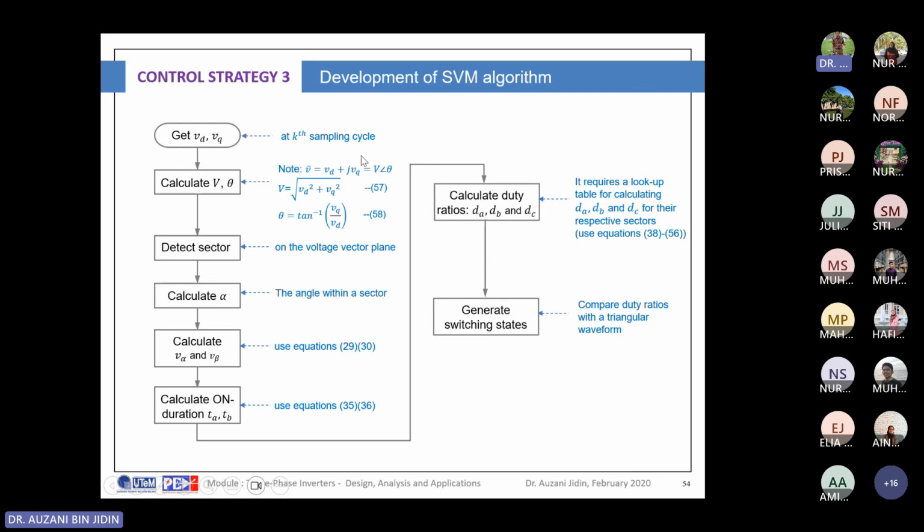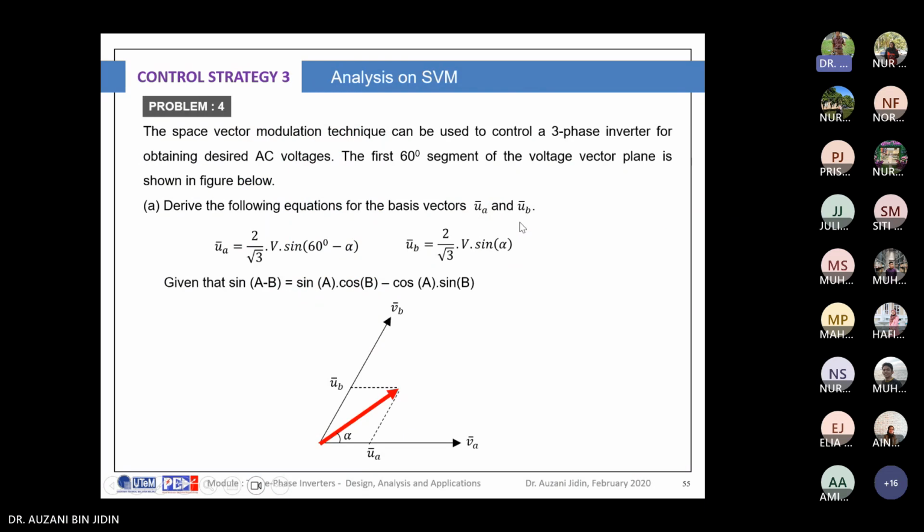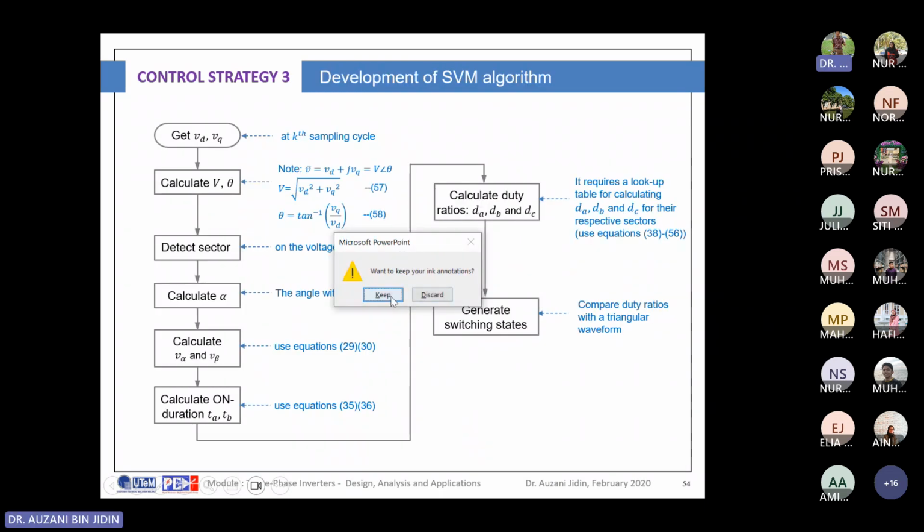This is the flow chart. Firstly, you calculate the DQ, the magnitude and angle. Then the next step, detect the sector, calculate the alpha within a sector, calculate the alpha, beta, calculate the on time. Then the last step, you calculate the duty ratio: DA, DB, DC.